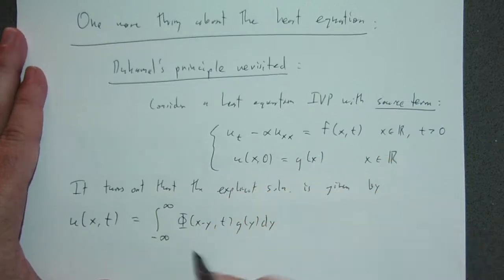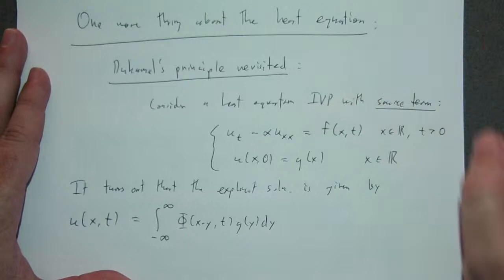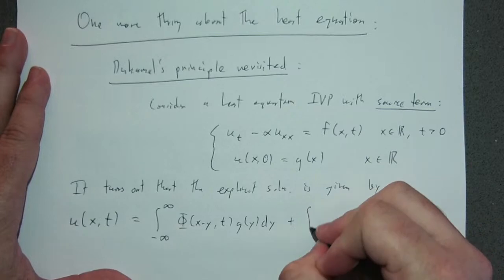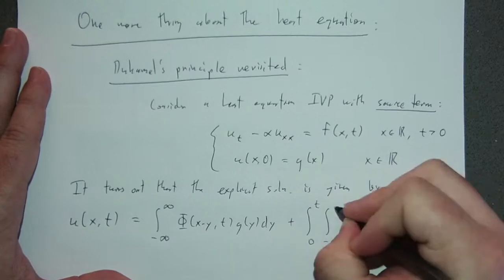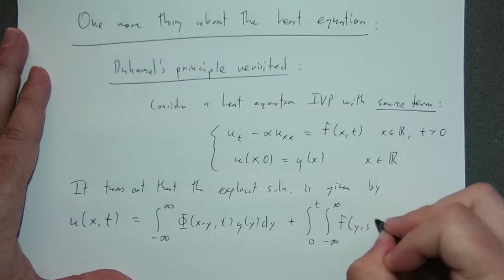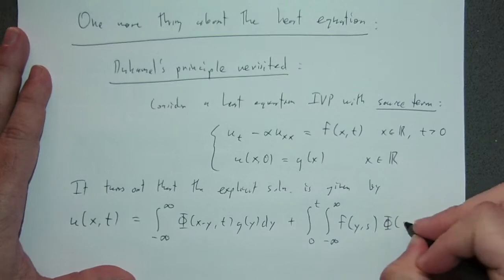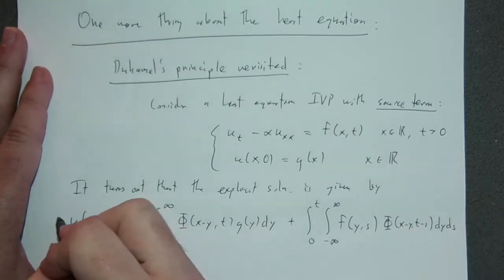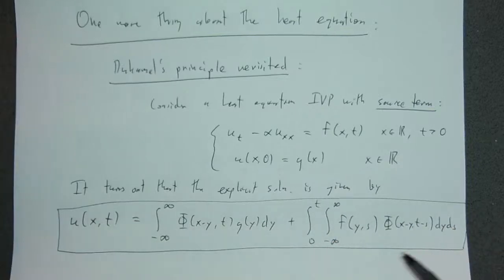This is the term that solves the associated homogeneous portion where f is 0, plus my inhomogeneous term, if you like. This is the integral from 0 to t, the integral from minus infinity to infinity of f of y,s phi of x minus y, t minus s dy ds. The variables that I'm integrating with respect to here are y and s.